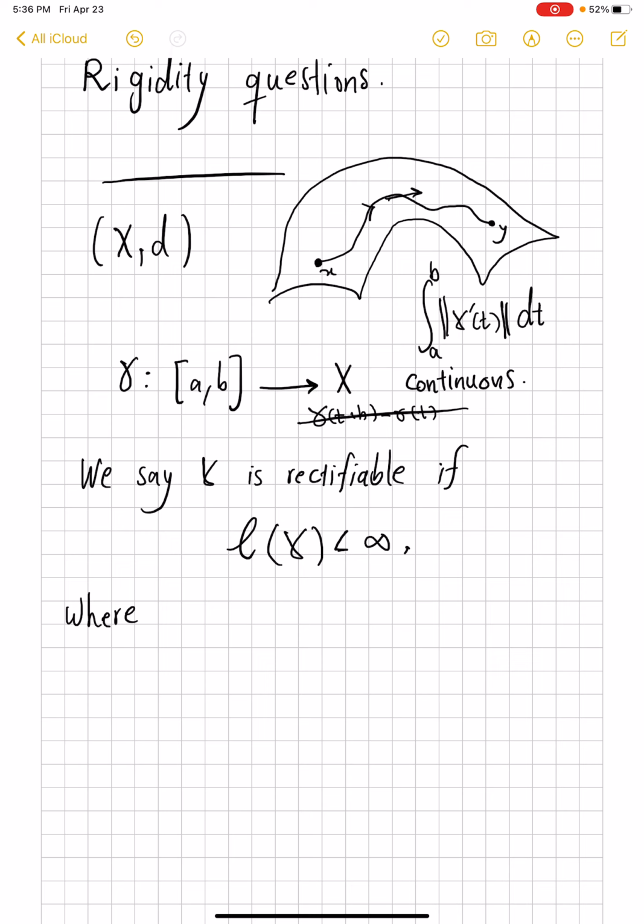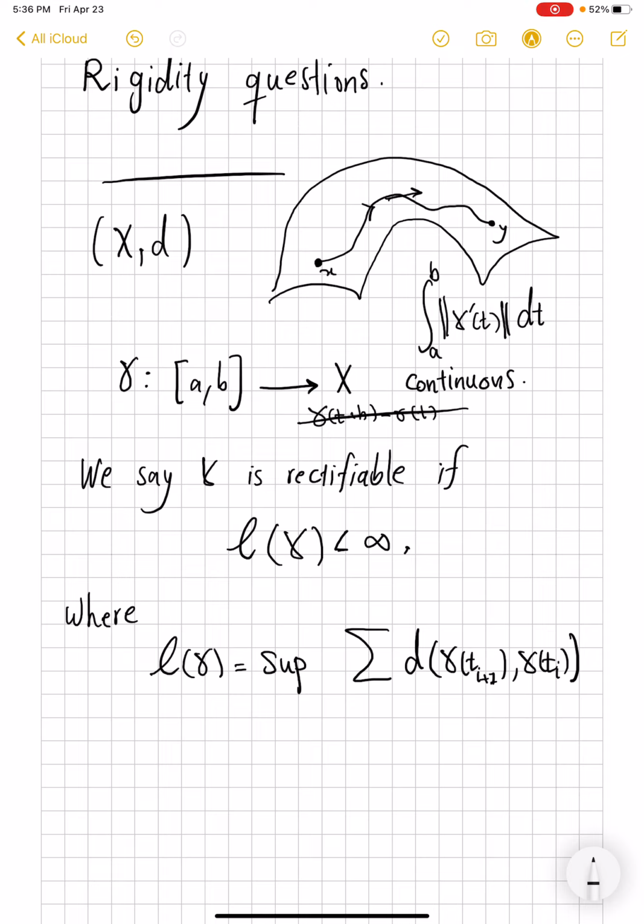And that is, we define the length of gamma to be the supremum of the summation of the distance from gamma of t_i to gamma of t_{i+1}, where i ranges from 0 to n, and the supremum is over all partitions of the interval.